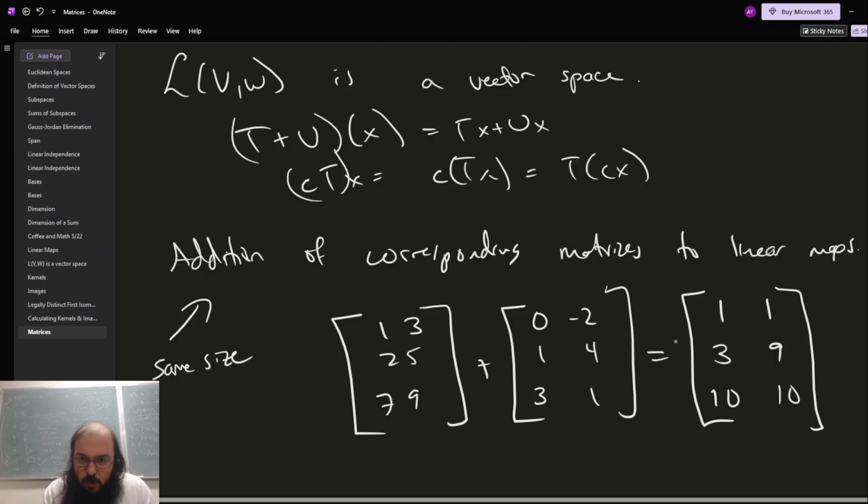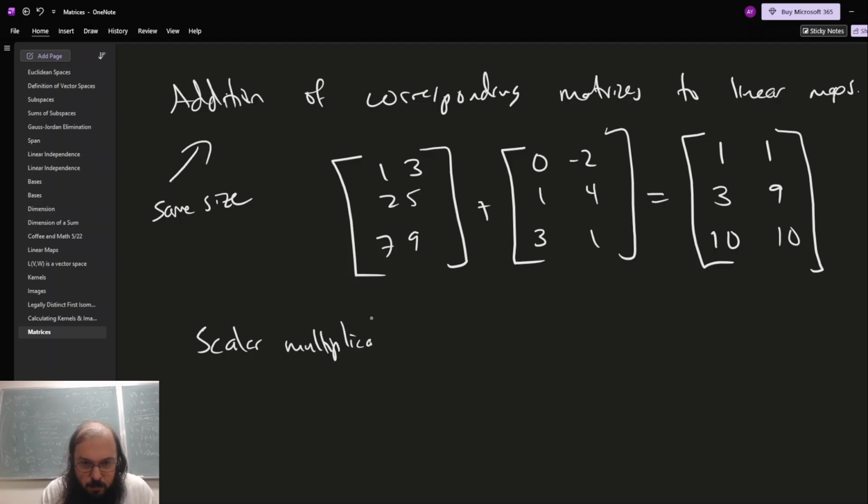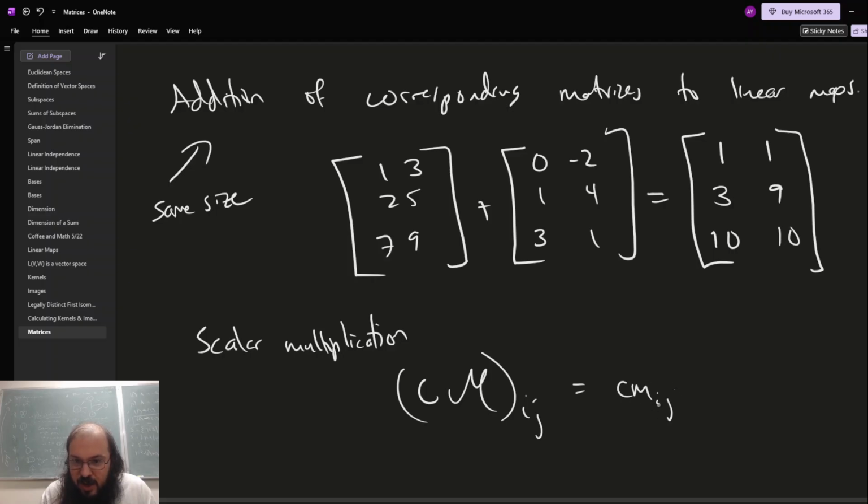And scalar multiplication: just c times any matrix, which we could call fancy M, since I don't know what else to call it, just has, whatever the ij entry is, you take the ij entry of the corresponding matrix M and multiply it by c.